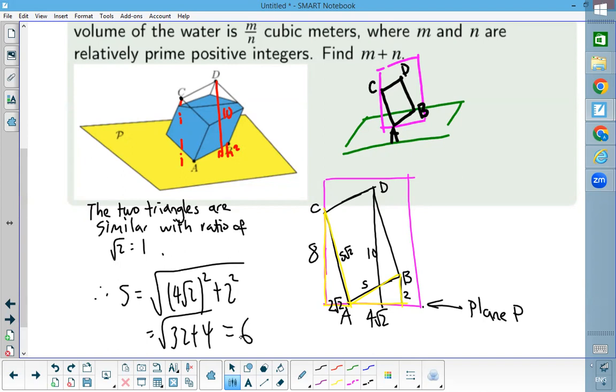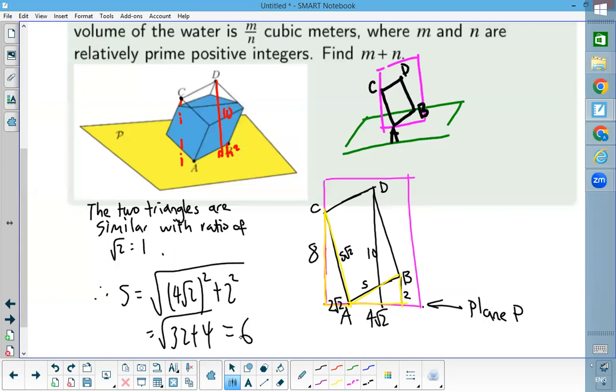We don't want to find the volume of the water directly, that's too difficult, because the water is a lot more complex to find than the air above. So we just find the volume of the air above and subtract it from the volume of the cube, and that gives us the volume of the water.